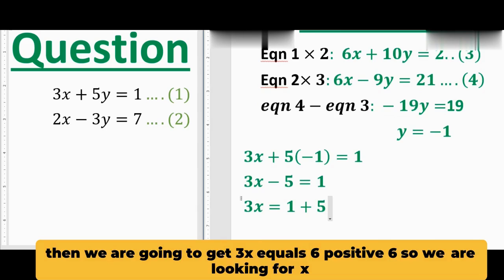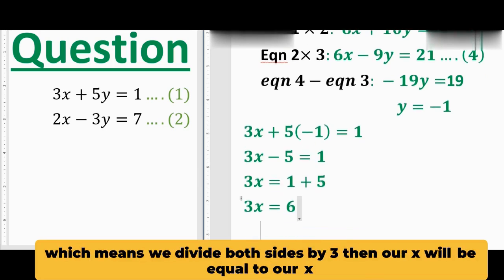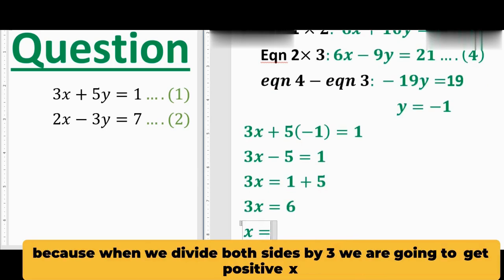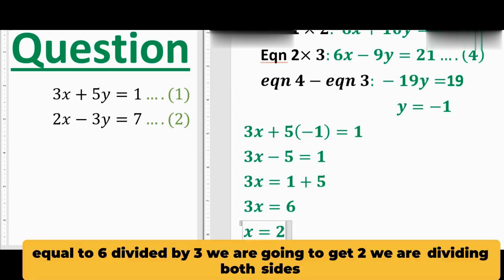Then we are going to get 3x equals 6. We are looking for x, so it means we'll divide both sides by 3. Then our x will be equal to 6 divided by 3, we are going to get 2.